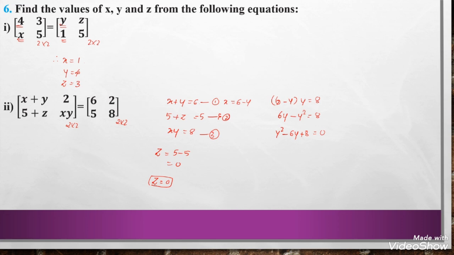Now, solving the quadratic equation: when you multiply two numbers, you will get 8, and when you add or subtract, you will get minus 6.